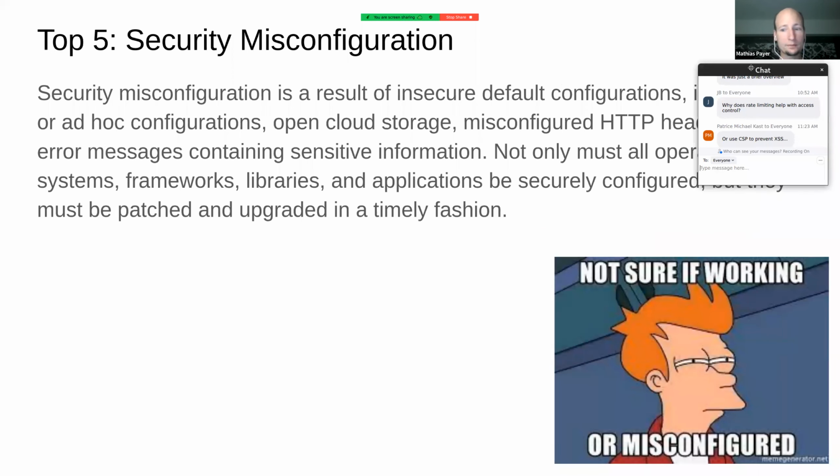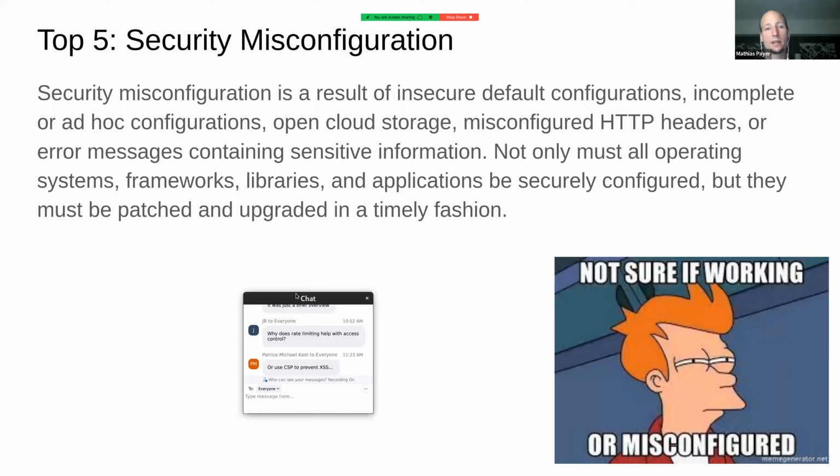Security misconfiguration. That's another issue, right? Oftentimes, when you're working with web applications, you'll be tweaking and tuning and changing things a little bit until it works, right? So this is an iterative approach, and when it works, you're not sure if it is working as intended or if you have added any kind of issues on top of it, or if you've opened up any kind of threats, or if you've enabled debug mode or whatnot.